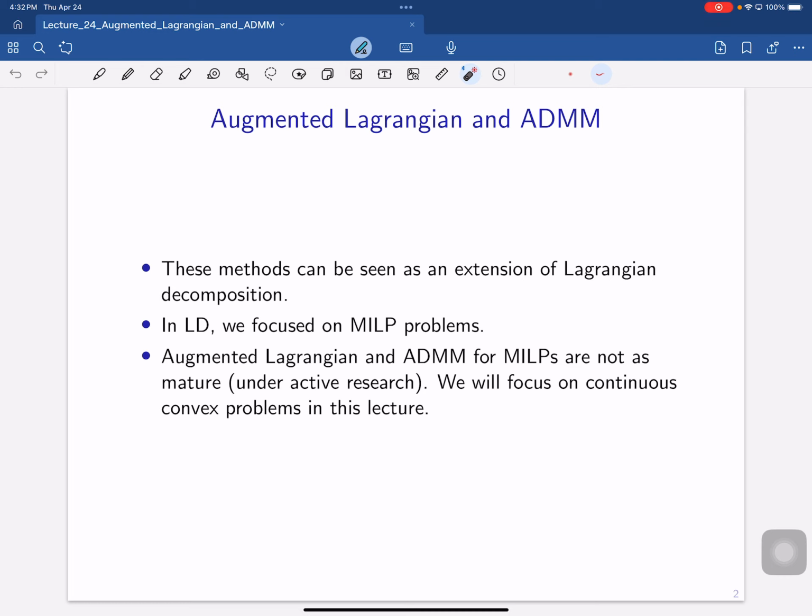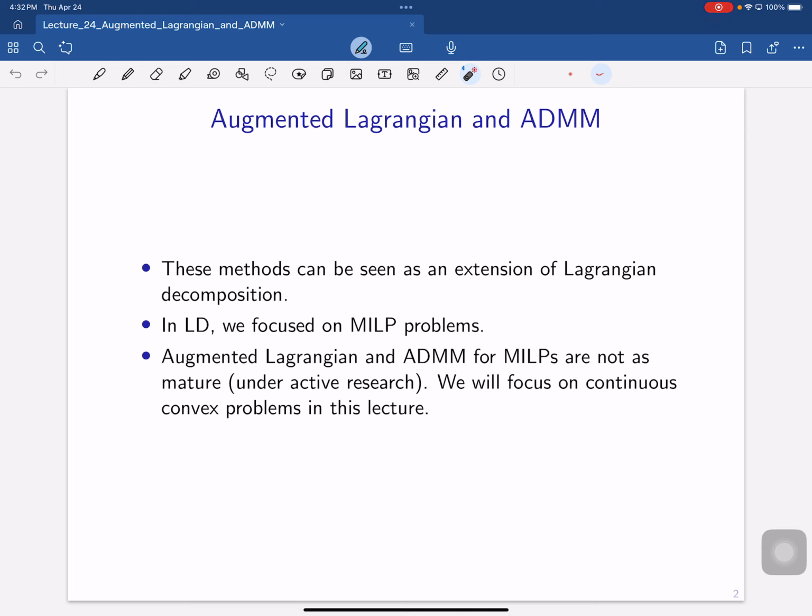In the previous lecture, when we discussed Lagrangian decomposition, we used MILP as the motivating problem because MILP also has some nice properties like Meyer's theorem, this characterization using extreme points and so forth. The thing is, Augmented Lagrangian and ADMM for MILPs are not as mature.